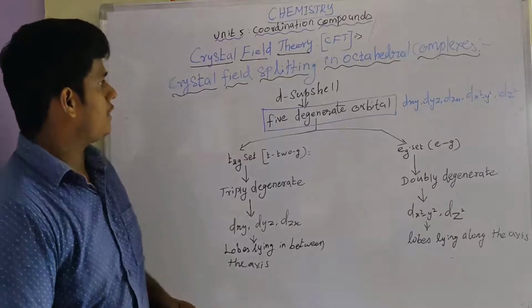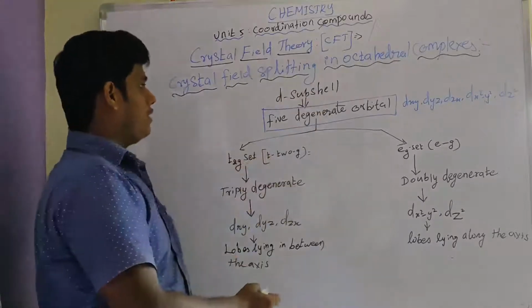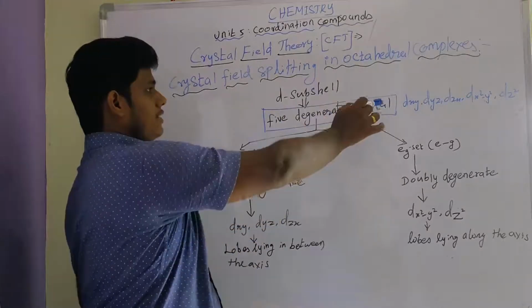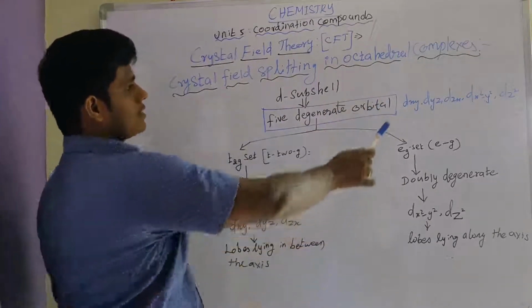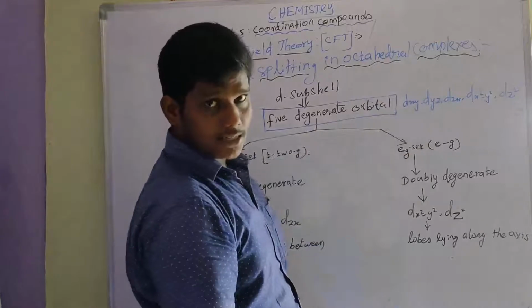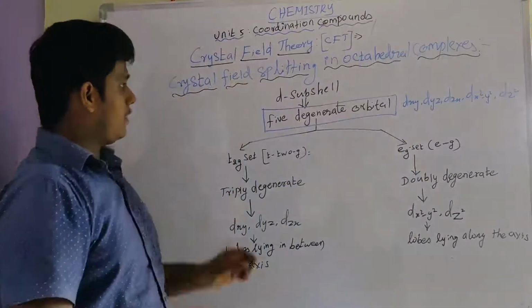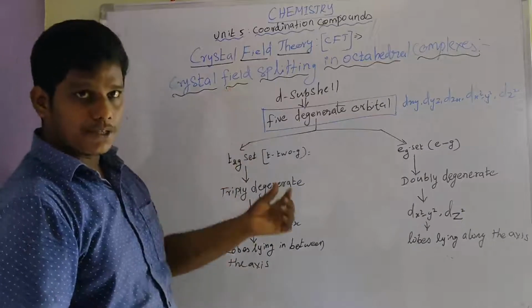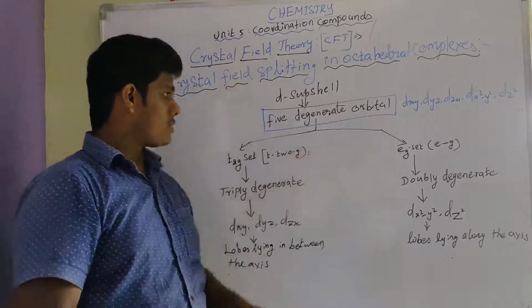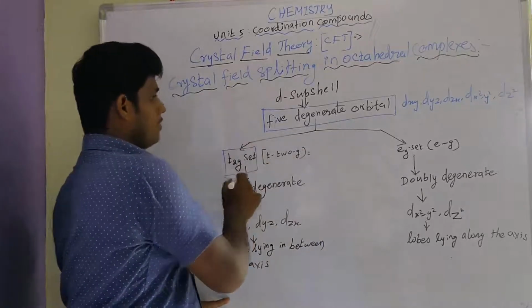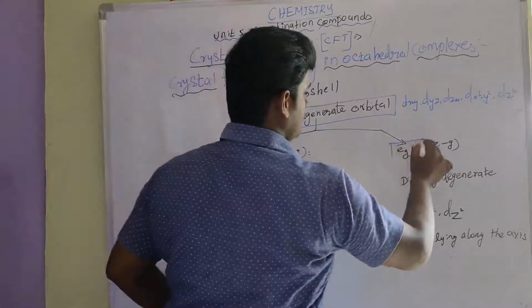In the d subshell, all five d orbitals are degenerate: dxy, dyz, dzx, dx square minus y square, and dz square. During crystal field splitting, two sets are possible. One is T2g and the other is Eg.